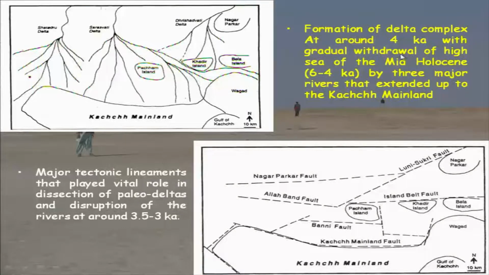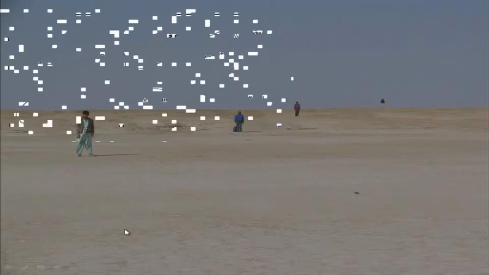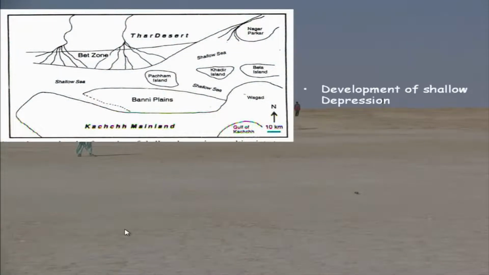So 4 Ka was the withdrawal of the sea, which resulted in the extension of the rivers and the distributary network, and the disruption came at around 3 Ka. Further, this tectonic activity, or maybe we can say the landscape sculpturing because of the ongoing deformation, resulted in the development of a shallow sea outlet in this region.